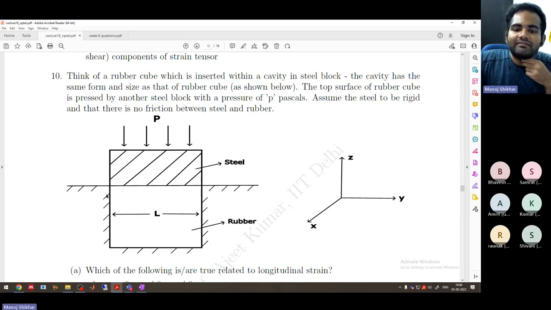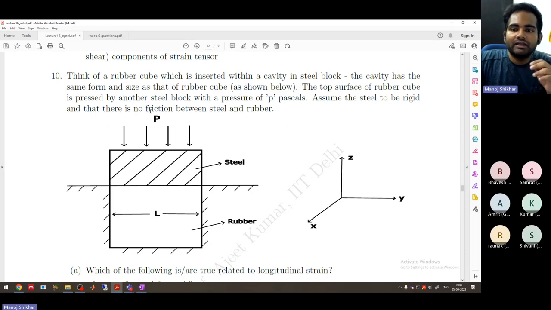The cavity is in one of the steel blocks. The top surface of the rubber is getting pressed by another steel block, with uniform pressure of P pascals. Assume the steel to be rigid and that there is no friction between steel and rubber.